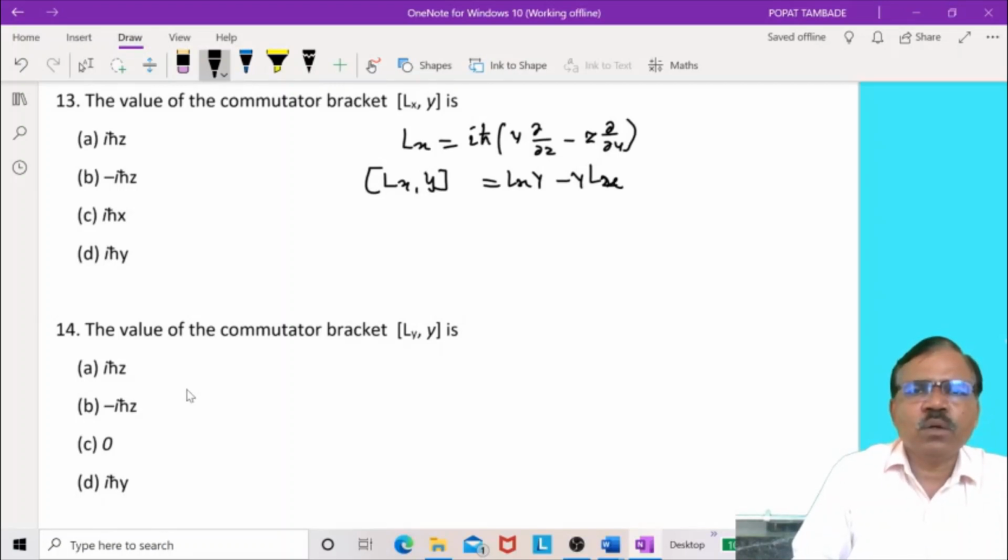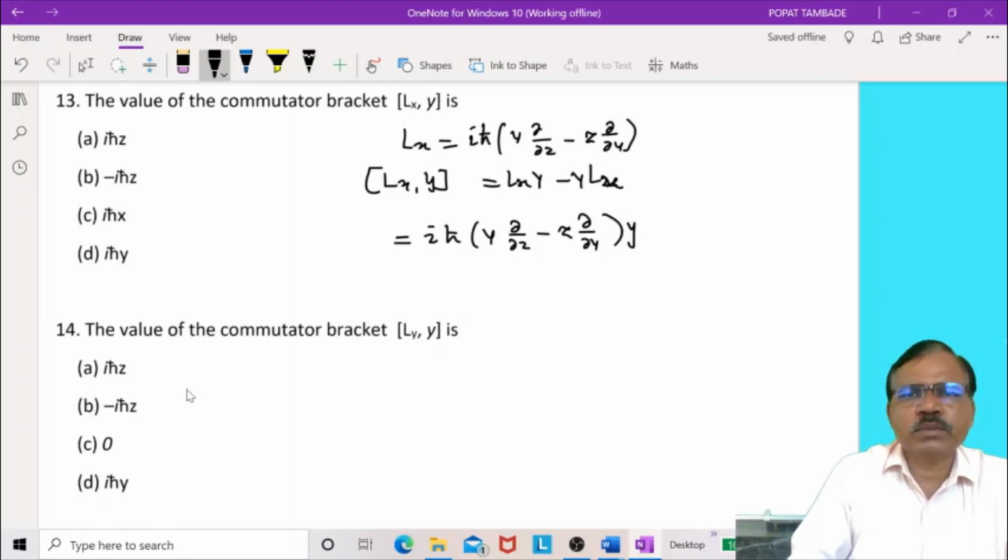So here we have iħ (y ∂/∂z minus z ∂/∂y) y, minus y Lx, and we have to operate this on psi also.